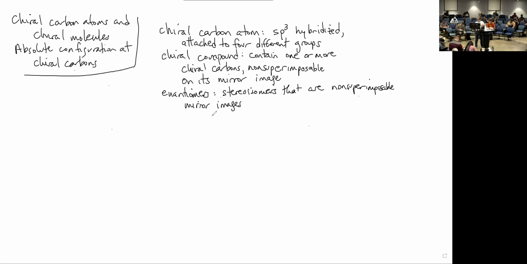Of this type, we call molecules like that enantiomers. And that's one type of stereoisomers that we're going to run into.